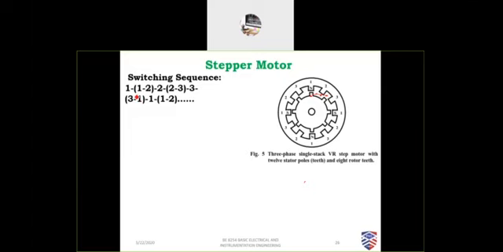So that's the sequence: 1, then 1 and 2 are switched, then 2, then 2 and 3, then 3, then 3 and 1, then 1. Likewise, the sequence will go, and it will start rotating in the clockwise direction.